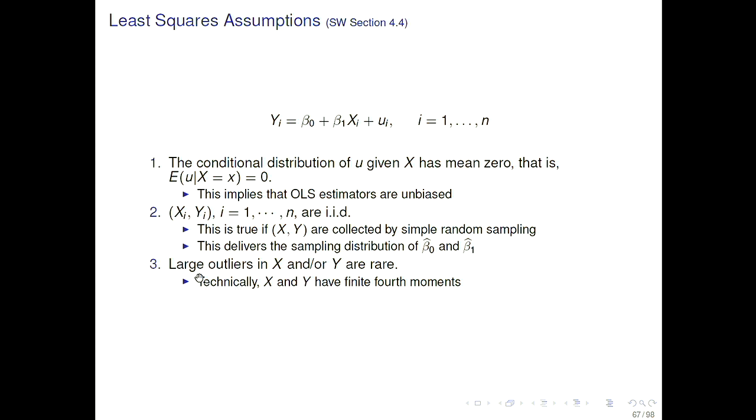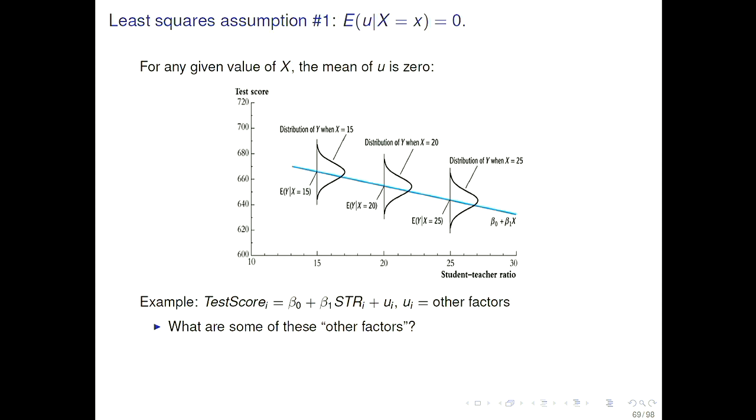That can replace this third assumption. The reason is that when you have an outlier, it may change the OLS estimator drastically.